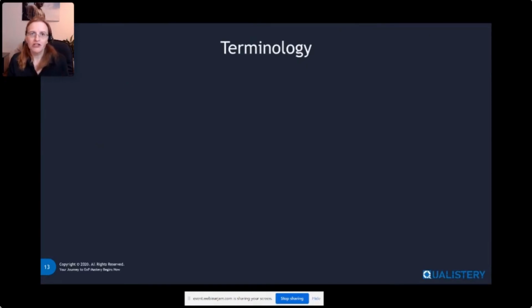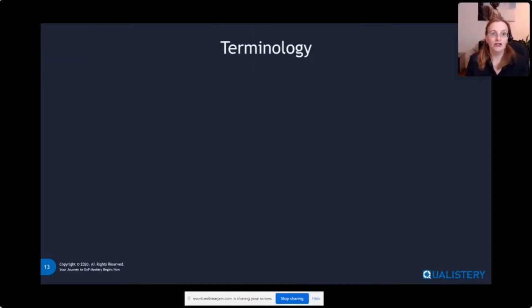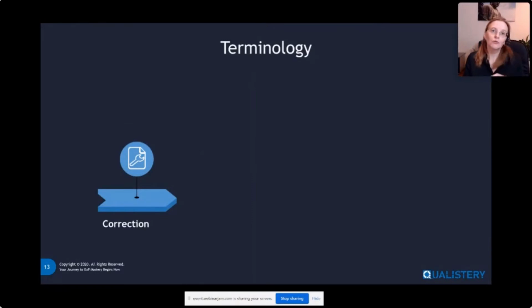Remember, I mentioned this corrective action, preventive action, and the confusion between the two. Now, what I want to make sure of is that you are all clear on what we mean when we talk about these actions. And correction is an important point here. We do want to make sure that any short-term corrections are very clear and recorded as we need them to be.